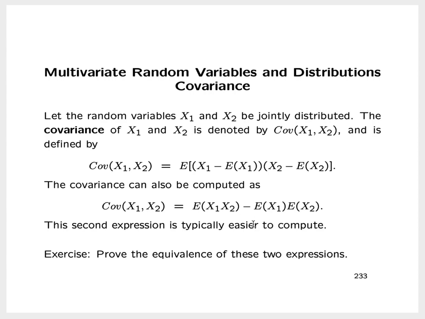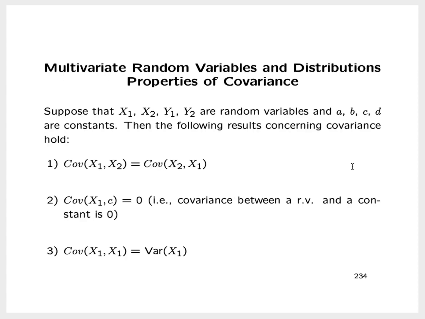Now, this second expression is typically easier to compute, and so we'll often use that instead of the definitional formula. What I would recommend to you as an exercise is to make sure that you can derive this computational formula from the definitional formula. So that's the definition of the covariance.